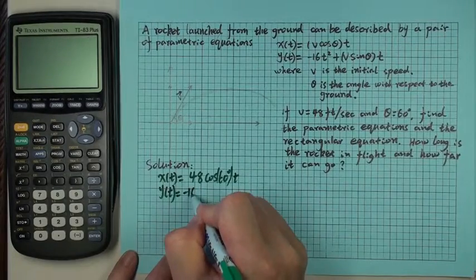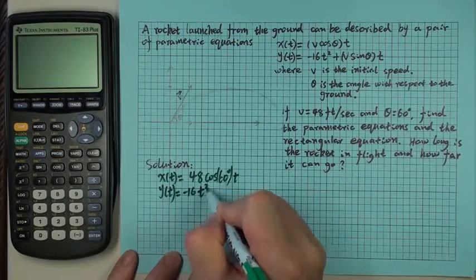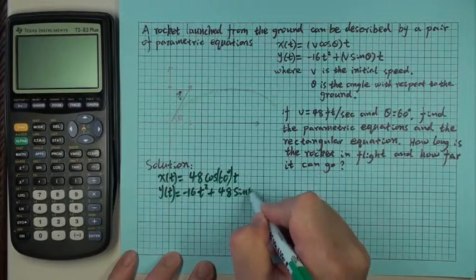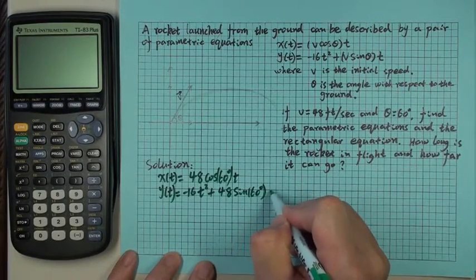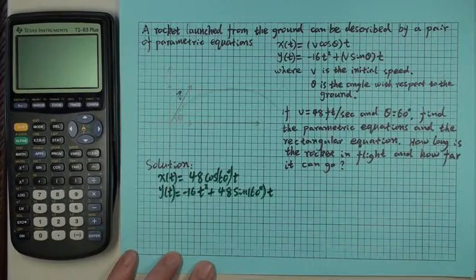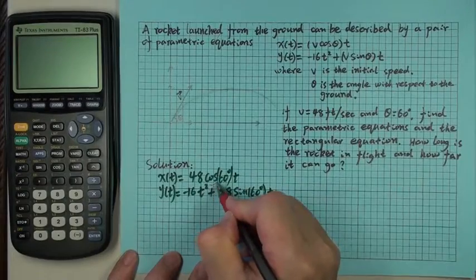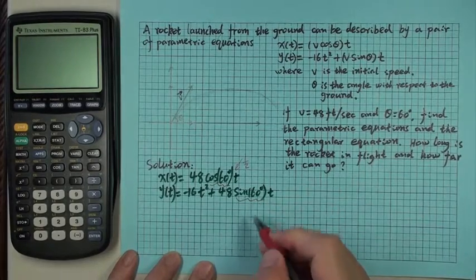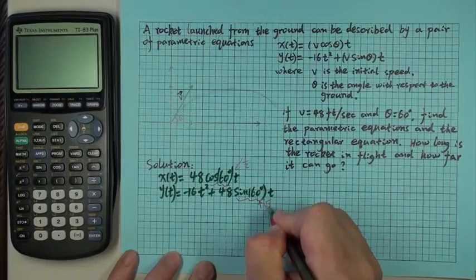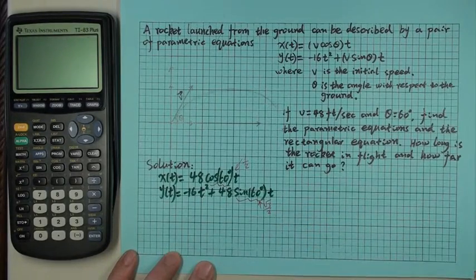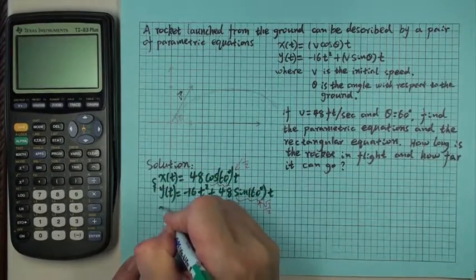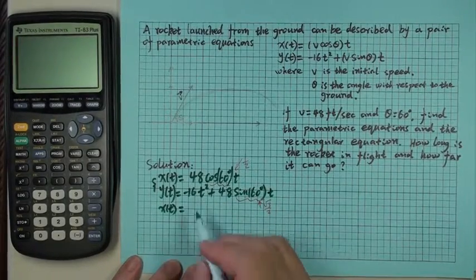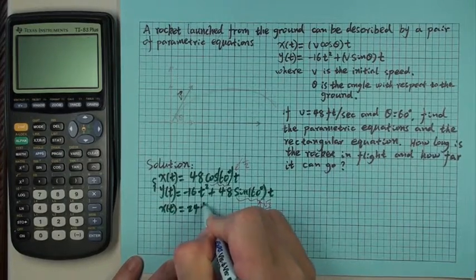We know cosine 60 degrees is 1/2, and sine 60 degrees is radical 3 over 2. Then we can write the parametric equation one more time. x of t is 1/2 times 48, which is 24t.